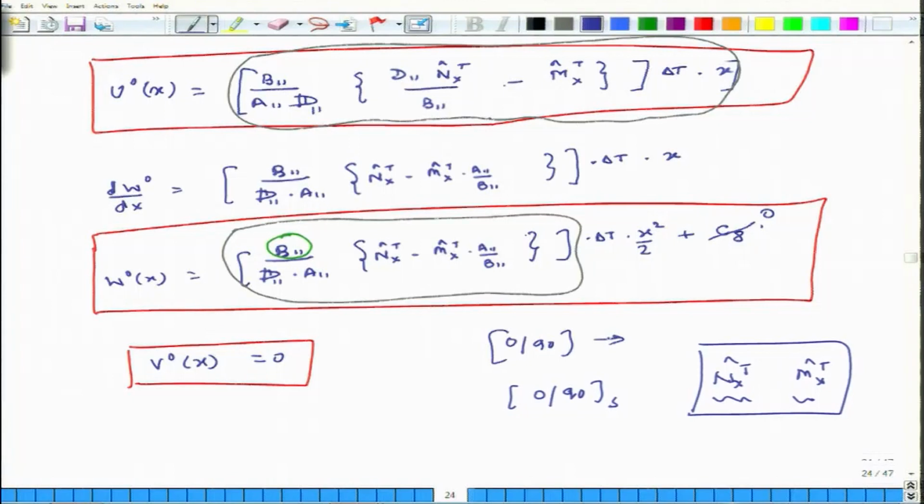So, u will be 0. Similarly, B11 appears also in the expression for w. So, again w naught will also be 0.